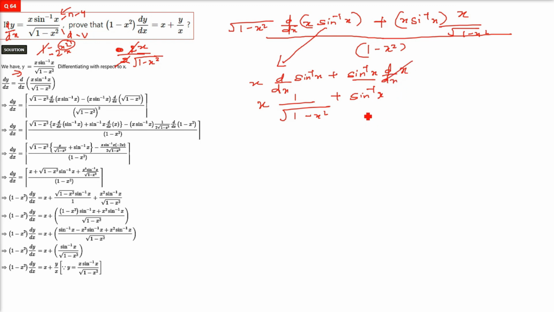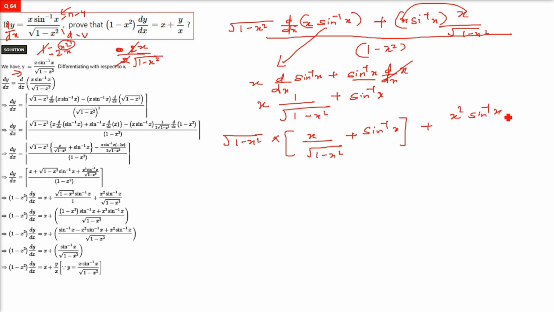Alright. So what we are going to write final here is under root 1 minus x square into x by under root 1 minus x square. Then we have plus sine inverse x, and then we have plus, so this x and x will become x square sine inverse x divided by under root 1 minus x square.